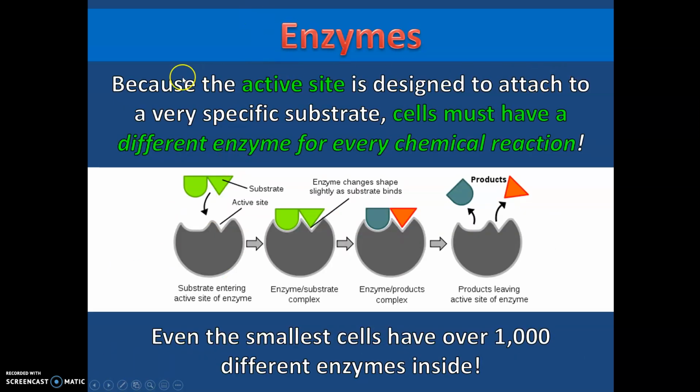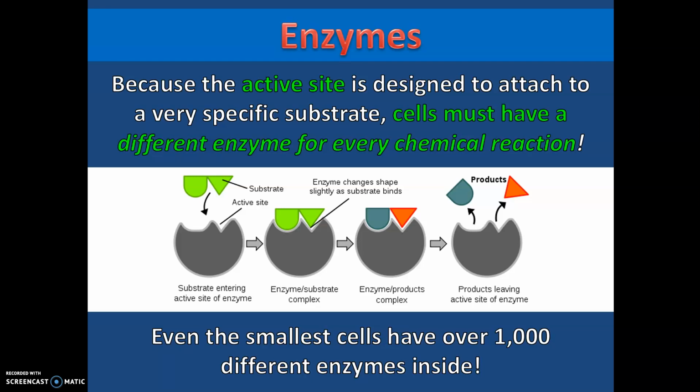Because the active site is designed to attach to a very specific substrate, cells must have a different enzyme for every chemical reaction. So your body has a bunch of different types of enzymes that do very specific things. If your cell is breaking up and making glucose, or breaking down any type of protein, it's very specific to that type of molecule.